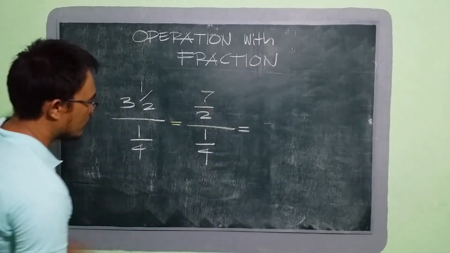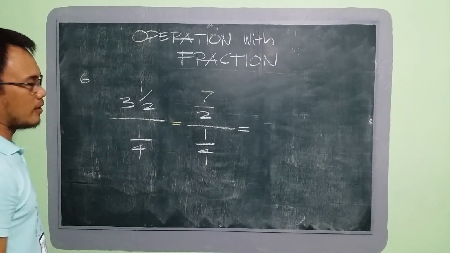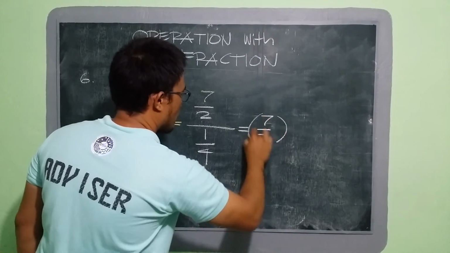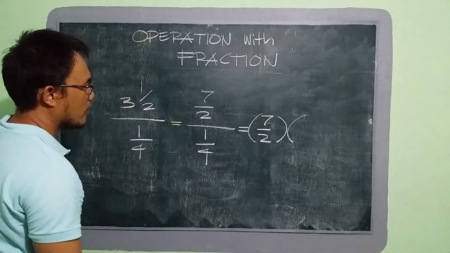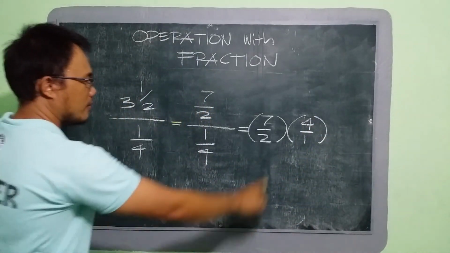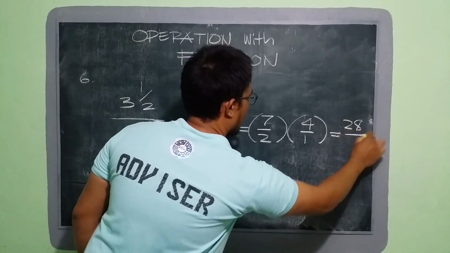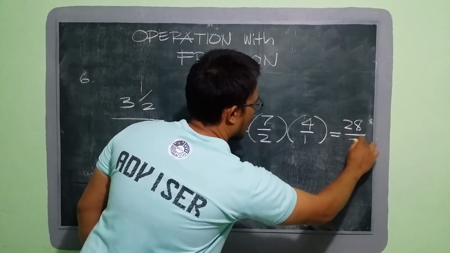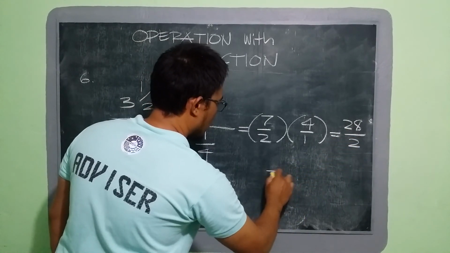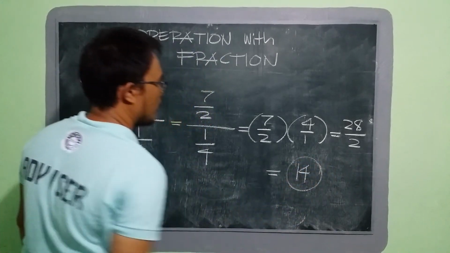To solve this one, simply get the reciprocal of 1/4 and proceed to multiplication. So we have 7 over 2 times the reciprocal of 1/4, which is 4 over 1. Then 7 times 4, that is 28 over 2 times 1 is 2. So 28 divided by 2 is equal to 14. So the answer is 14.